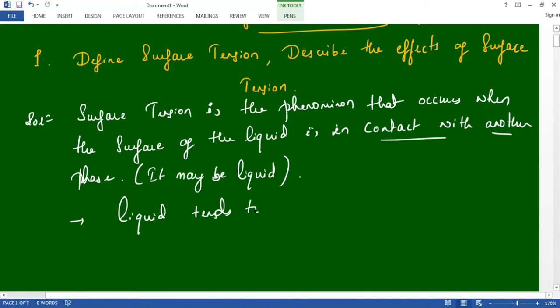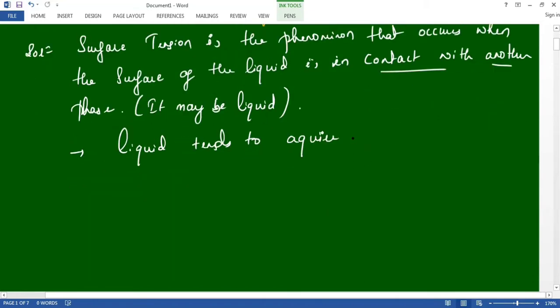Always, liquid tends to acquire least surface area.